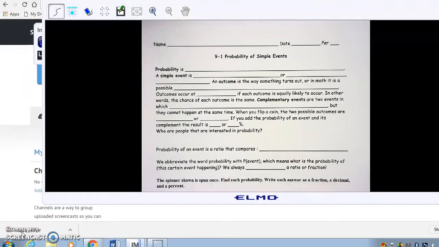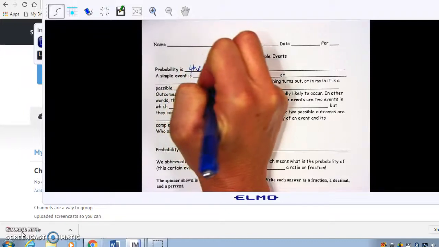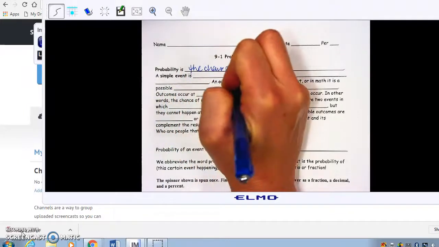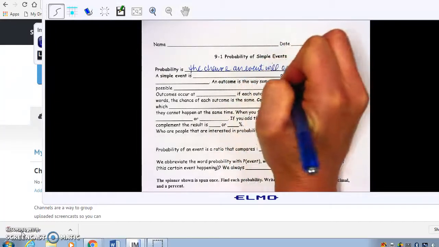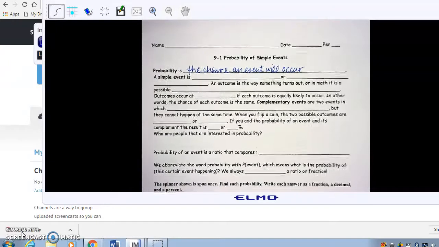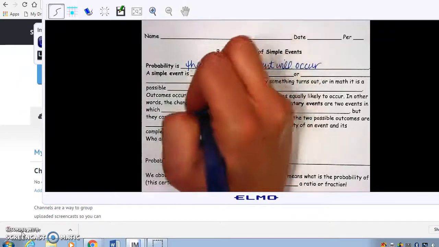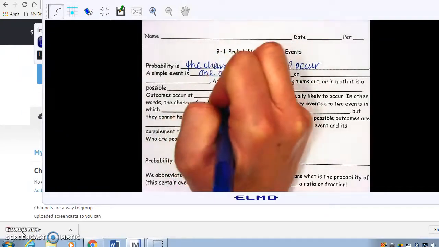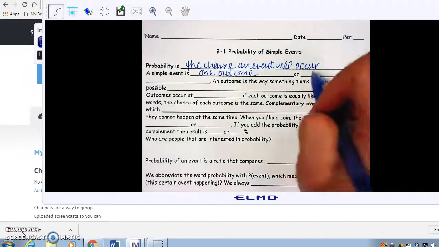So starting this chapter on probability, what is probability? It's the chance an event will occur. A simple event, what we're starting with, is either one outcome, one thing happens, or a collection of outcomes.